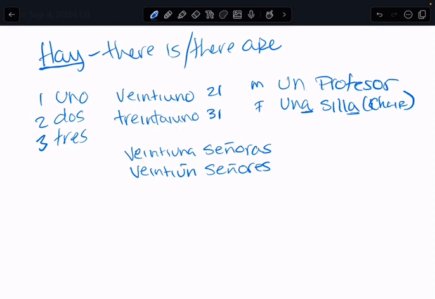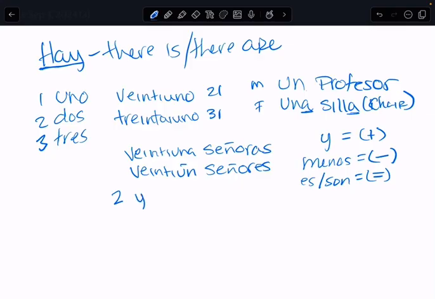Now it talks about math, this small section. So when it comes to math, when you say y, it means plus. When you say menos, it means minus. And when you say es or son, it means equal. So if I have 2 y 2 son, which means equals, son 4. 2 plus 2 equals 4.